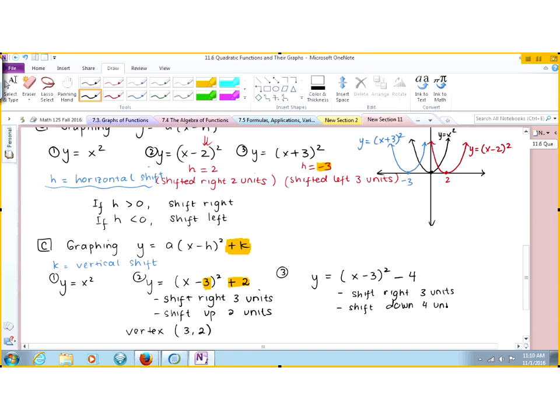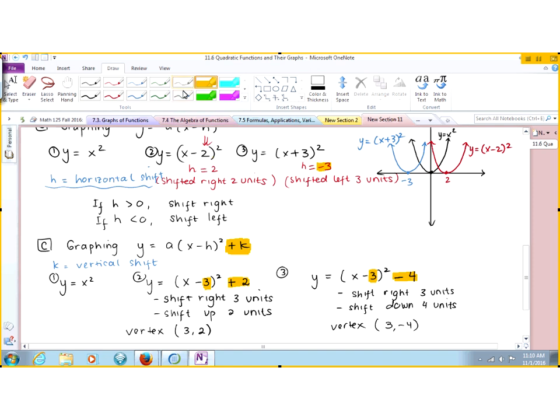And then shift down 4 units. So tell me what the vertex is. What is the x coordinate? 3, -4. So you see, you could read the vertex from here.